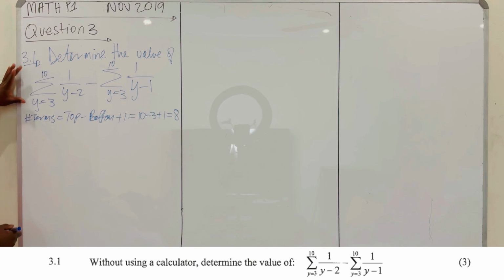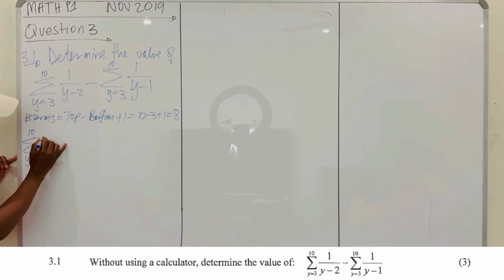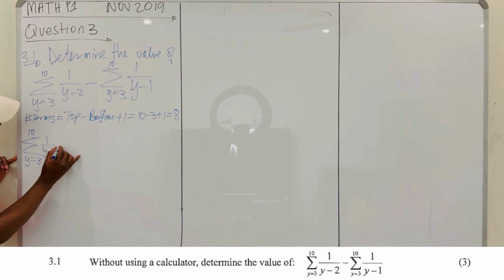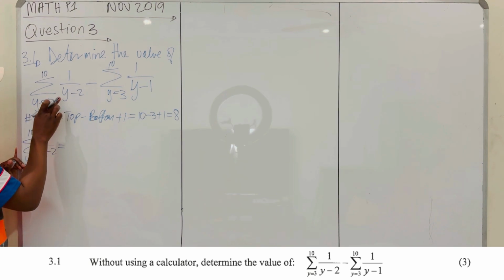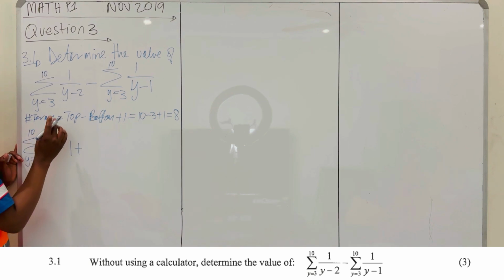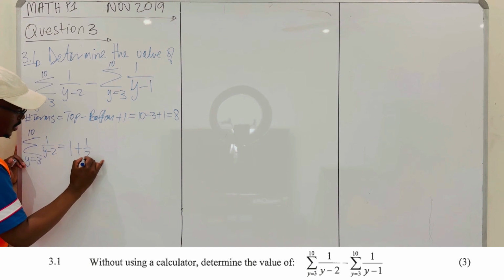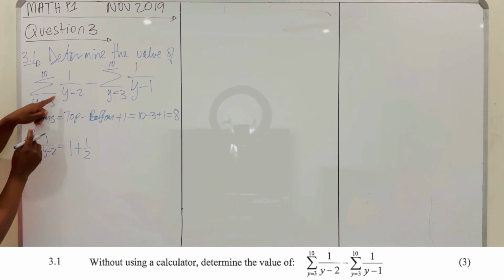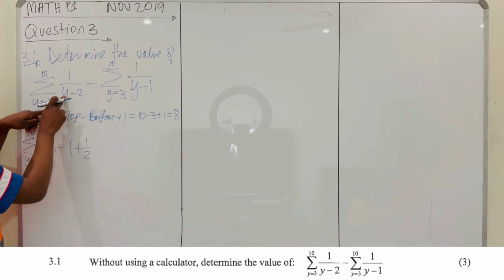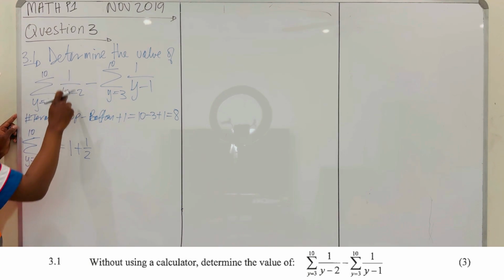So let's find the 8 terms of this one. The sum from y equals 3 to 10 of 1 over y minus 2. Substitute your 3 here, so you have 1. Then substitute 4, it will be 1 over 2.